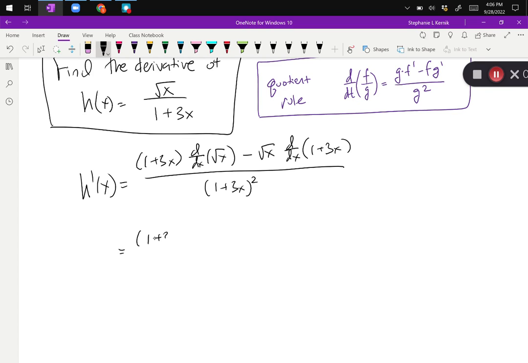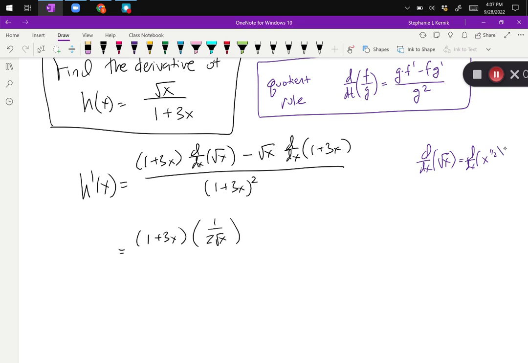So 1 plus 3x times the derivative of the square root of x. The derivative of the square root of x is 1 over 2 square roots of x. You can see that for yourself if you want. The derivative of the square root of x is the same as taking the derivative of x to the 1/2 power.